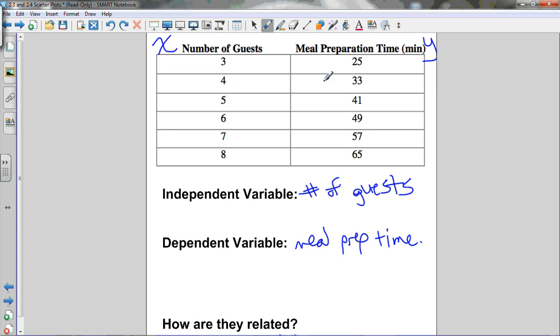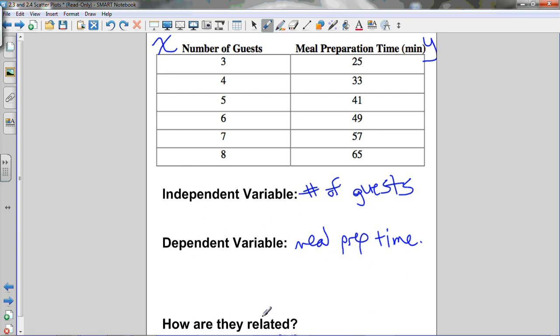Like, so if you stay in the kitchen for hours and hours, does that mean that more people are going to show up? No. Okay. Or does meal prep time depend on the number of guests? That makes sense because the more guests that come, the more time you're going to have to stay in the kitchen prepping the meal. So meal prep time depends on the number of guests. So meal prep time is dependent.